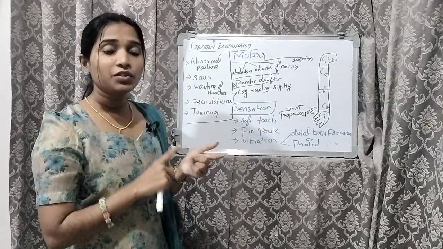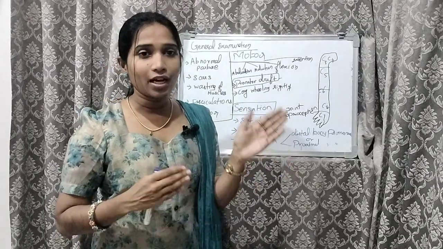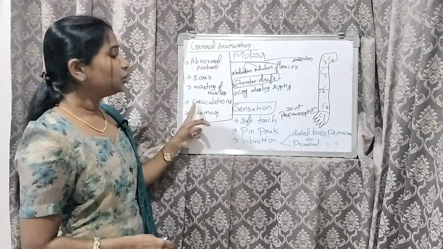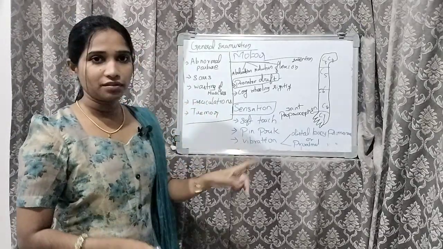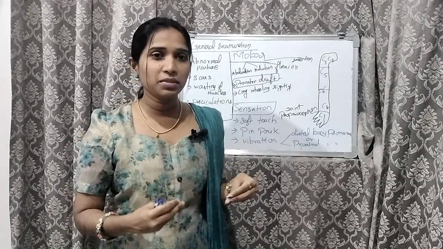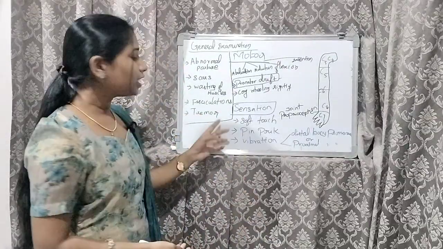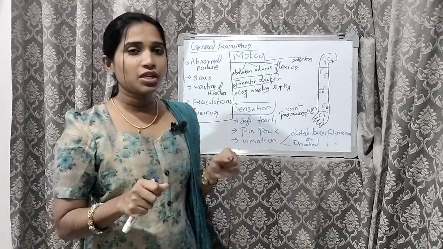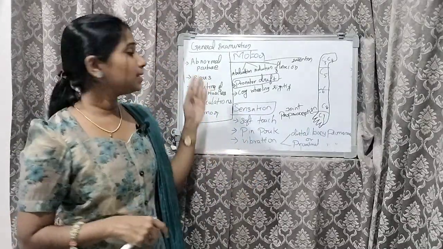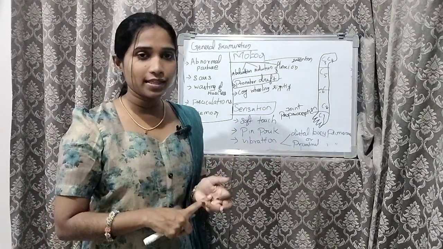You have to check wasting of muscles, which means you should assess whether the person has hypertrophy of muscles. Then you have to assess fasciculation. Fasciculation means twitching of muscles, which means a spontaneous involuntary movement of muscles. Clear? Then you have to assess the tremor. Tremors means shaking. Clear? These are the things you should assess, whether present or not, in the general examination.